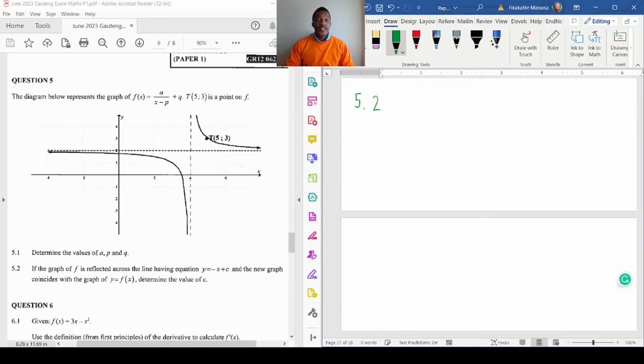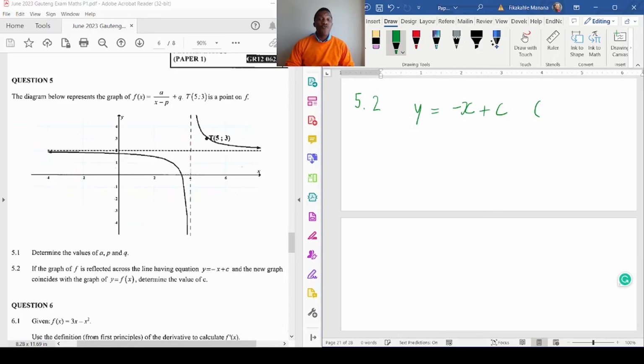Well, if you understand the English in this question, it's just asking us to solve the c in this equation. Okay, so it's going to be y is equal to minus x plus c. How do we solve any c in any equation value, especially the line? We need to substitute a point which this graph passes.